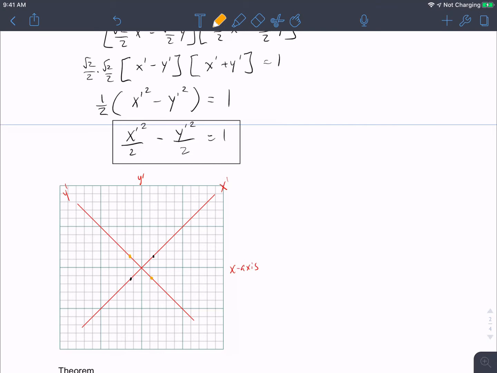And then what we do is we're going to create that box, right? And this box is going to create our asymptotes for us. And in this case, it's interesting. The asymptotes actually are the x-axis and the y-axis. And so in fact, let me dot it so you guys can see.